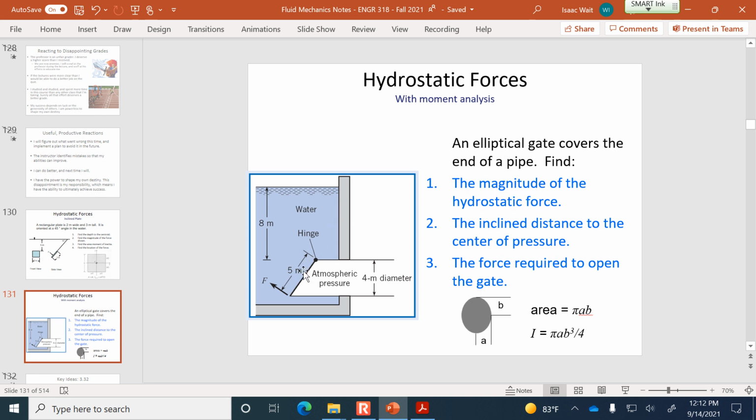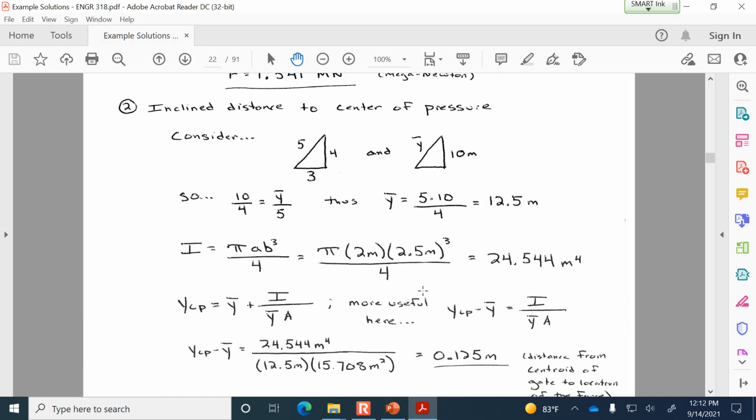And it's going to have the same angle up to the water surface as the 3, 4, 5. So 5, the inclined distance, is corresponding to 5. The vertical component is corresponding to 10. So the y bar, the inclined distance, will be 12.5 meters from the center of area up to the water surface.